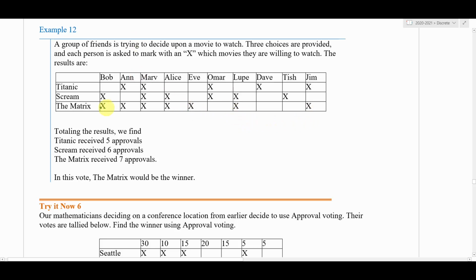Sorry, 7 approvals for The Matrix, which I hear they're doing a remake for. Hopefully, we'll see if that happens. But The Matrix received 7 approvals. So if we were to tally up the approvals and try and find one that we could all be happy with, the one that would make the most people happy here would be The Matrix. So The Matrix is what we would call the approval winner.